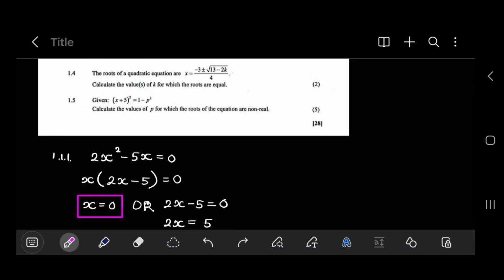So looking at this given equation where it was substituted into the quadratic formula, what we have underneath the square root, that is actually your discriminant. So that's the first important thing. And the second thing is that they want to know for what values of k are the roots equal.